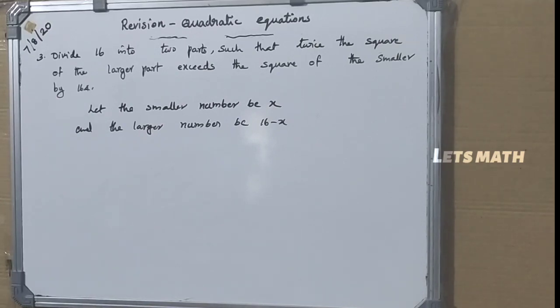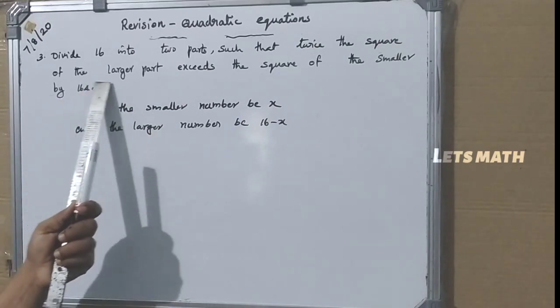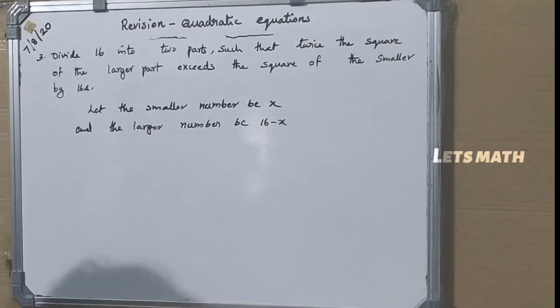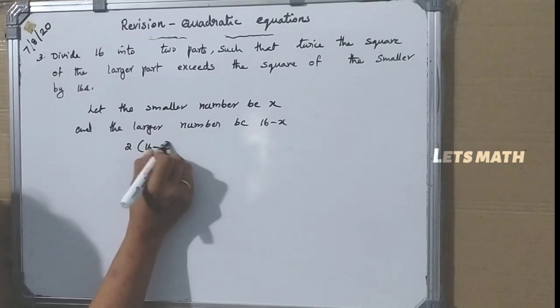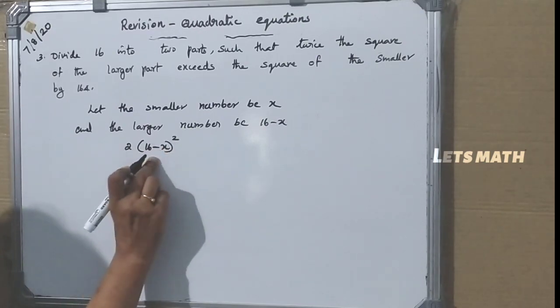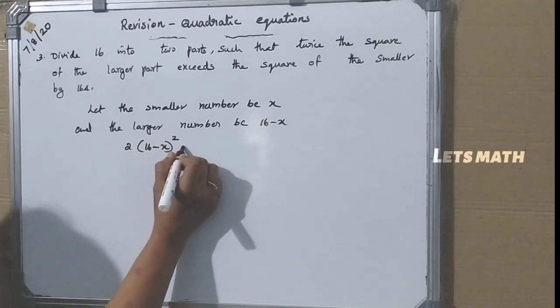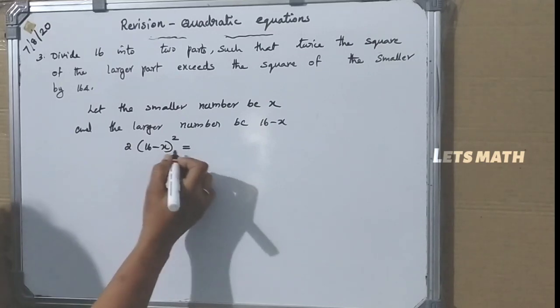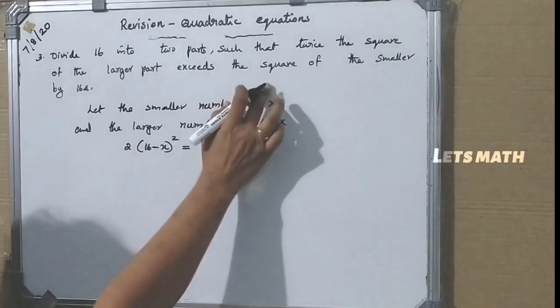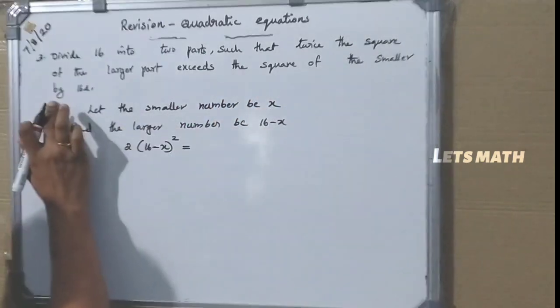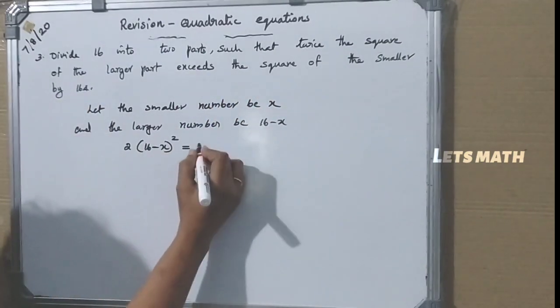Now see the next condition. Twice the square of the larger part exceeds, or is more than, the square of the smaller part by 164.